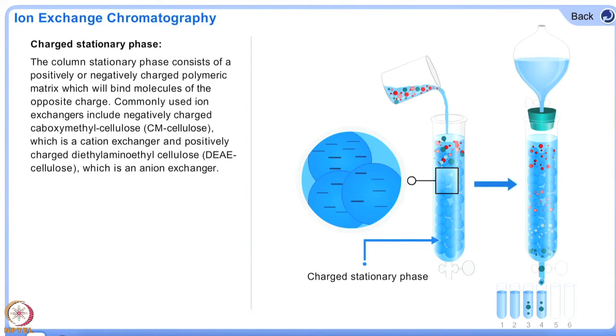Charged stationary phase. The column stationary phase consists of a positively or negatively charged polymeric matrix which will bind molecules of the opposite charge. Commonly used ion exchangers include negatively charged carboxymethyl cellulose, CM cellulose, which is a cation exchanger, and positively charged diethylaminoethyl cellulose, DEAE cellulose, which is an anion exchanger.